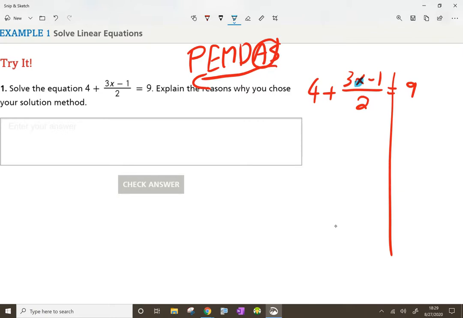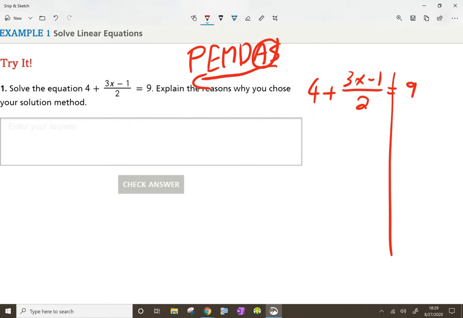X is here, and it's a part of this fraction. So we can't touch that yet because remember, it's built that way. We have to undo it. We have to work from the outside in, okay? So that shows us really that the 4 is our outsider, and the 4 is what we're adding to that expression, okay?